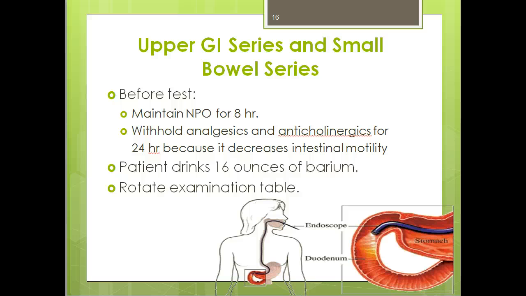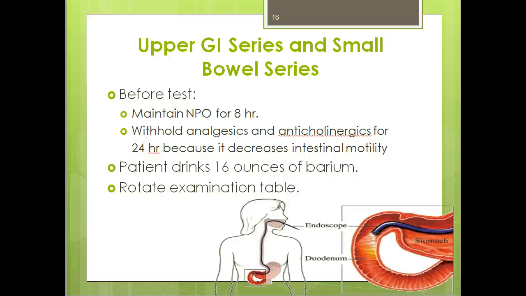Okay, so what I wanted you to know as a nurse is what you would do prior to various types of testing, upper GI series, for instance, and small bowel series. You'll see them order that in the hospitals.